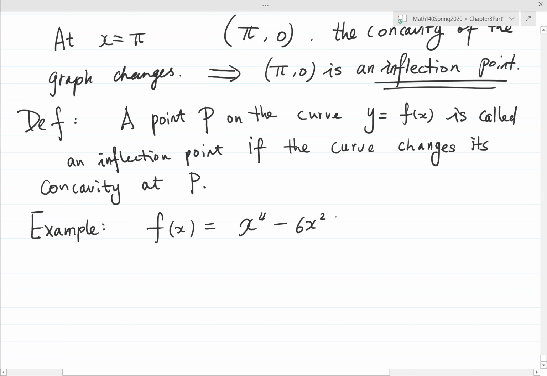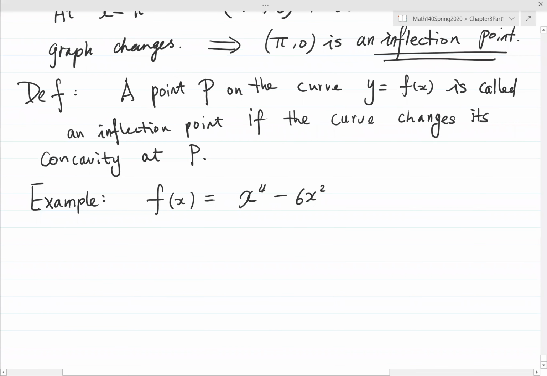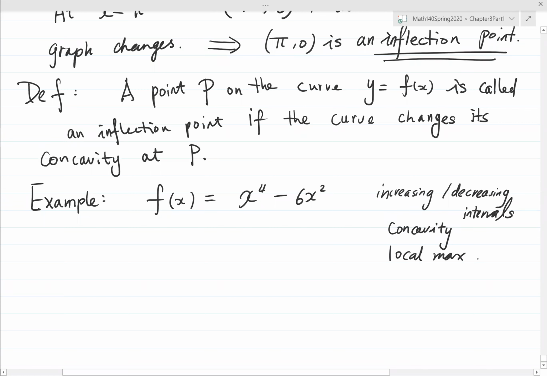Find the intervals of increasing and decreasing, the concavity, the local max and local min, and the inflection points.